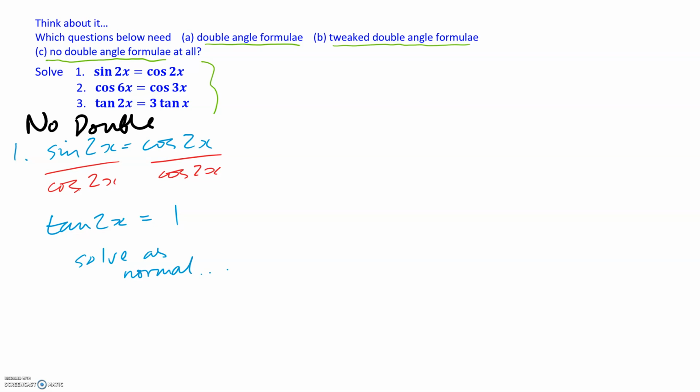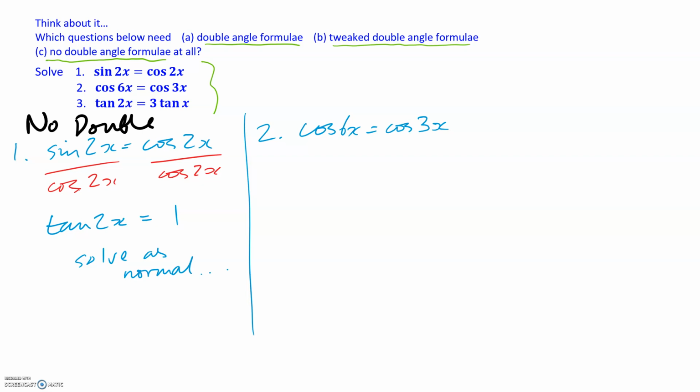Let's have a look at the second one. So number 2. I think the way I would do that is to think about the double angle formula for cos.